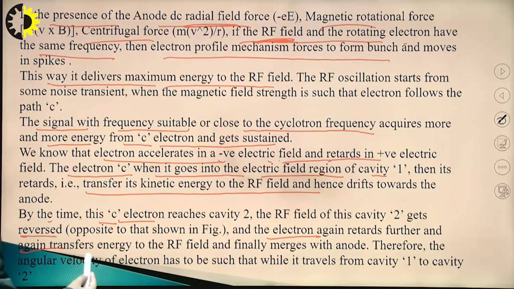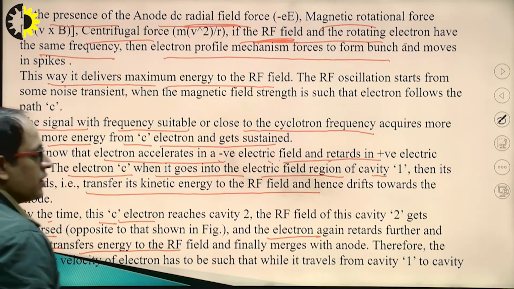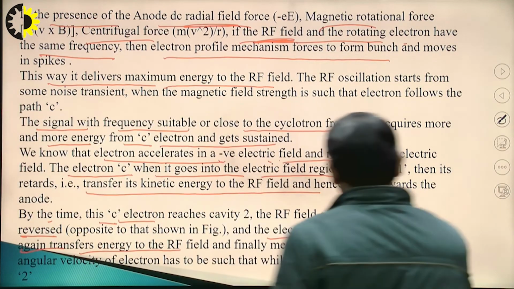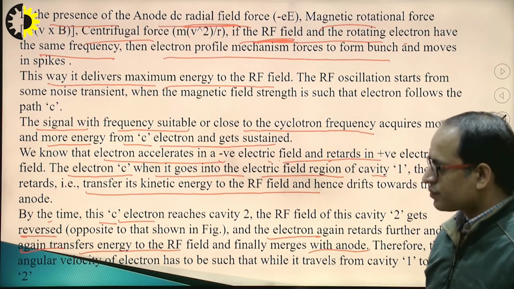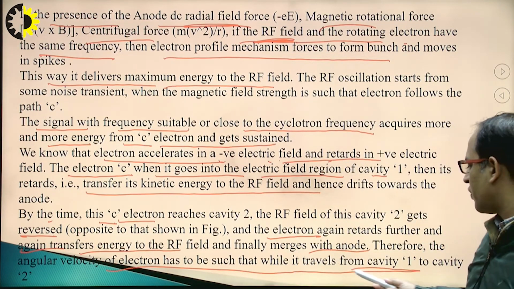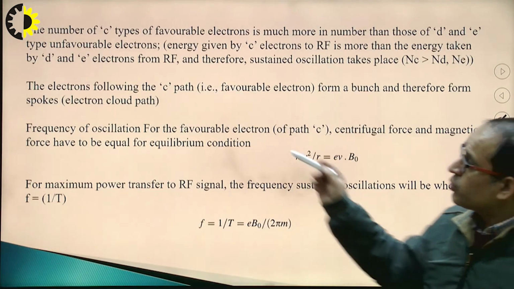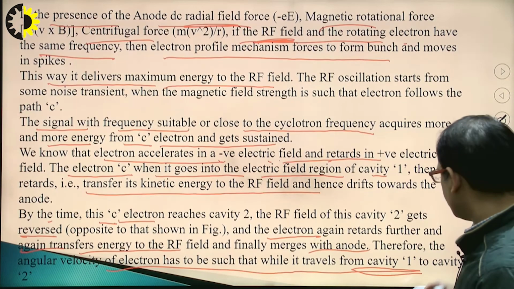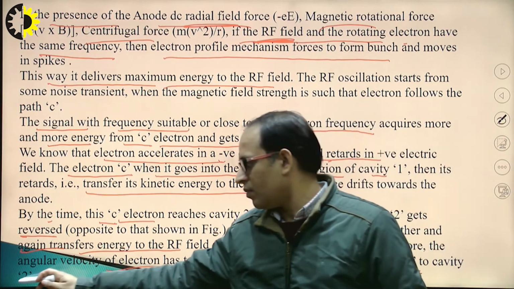Therefore, it transfers maximum energy to the RF field and finally merges with the anode. Clear? So therefore, the angular velocity of the electron has to be such that it travels from cavity 1 to cavity 2. Clear?